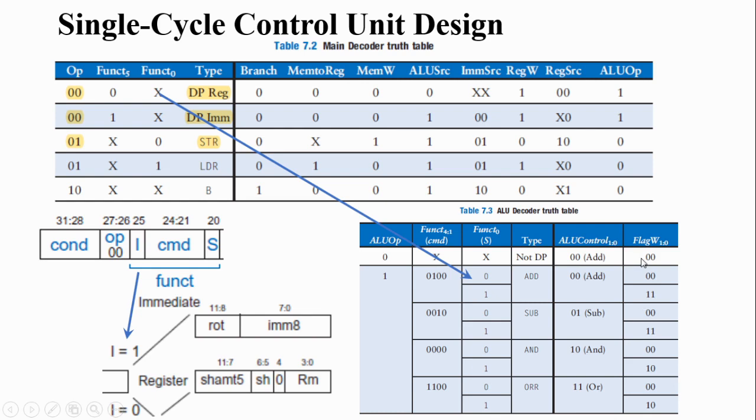The flag write signal has two bits because each bit is used for reflecting two of the actual four flags, N, Z, C, V. The first bit represents two flags and the other bit represents the other two flags. So in add and sub, all the four flags will be updated. In AND and OR, only two flags will be updated, and the other two flags will not be updated. So this is a truth table representing the main decoder functionality.